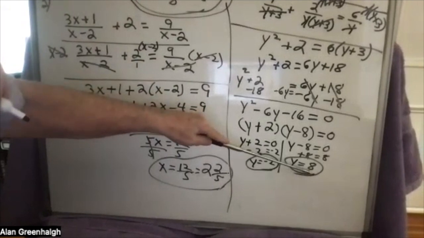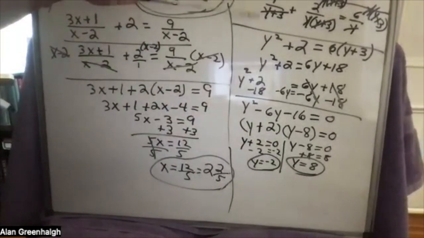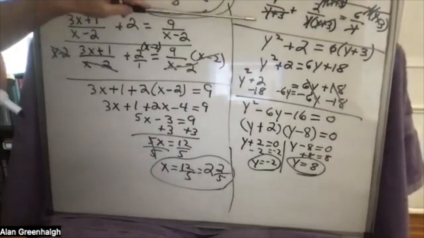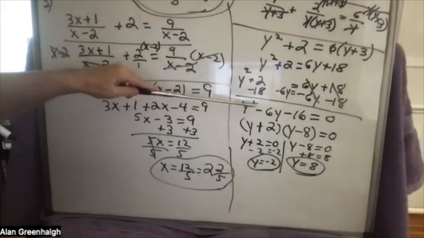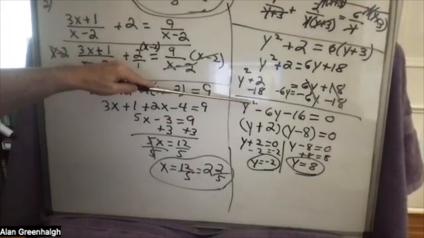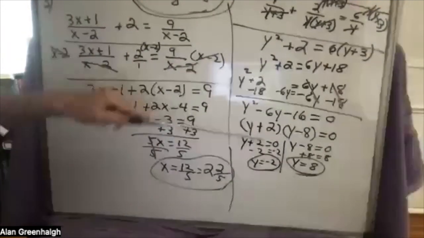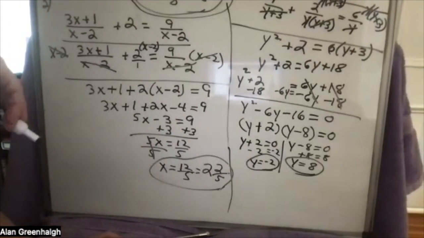I'm a little disappointed in these answers because what I was doing was then going back and checking. When you solve a problem which winds up having a quadratic equation, in other words two roots, there's a possibility for extraneous solutions, and therefore you need to check.